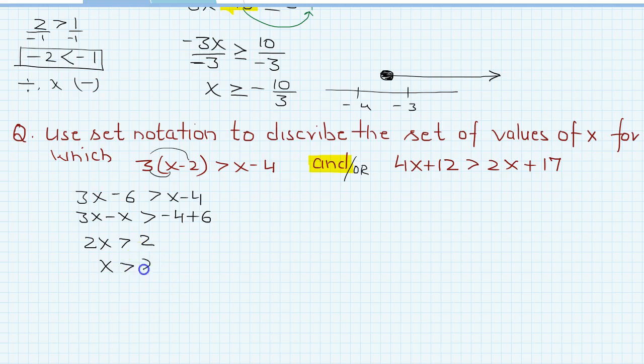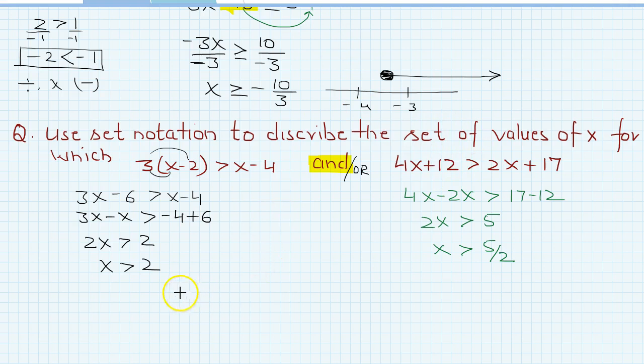So x is greater than 1. That is the first inequality. Now we talk about the second inequality. We have 4x, take it this side, minus 2x is greater than 17 minus 12. So we have 2x is greater than 5. So x is greater than 5 over 2.